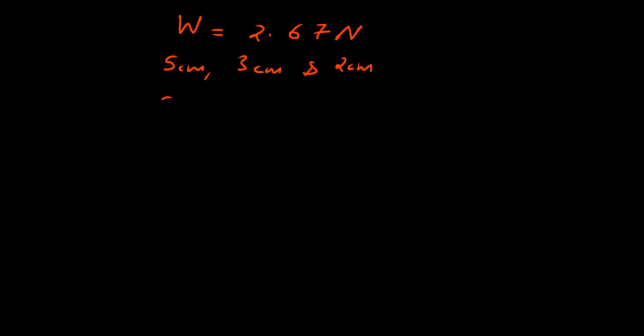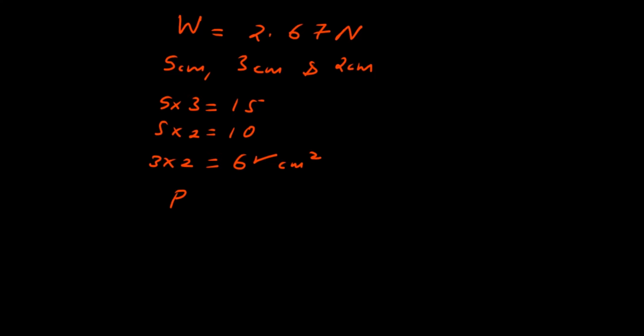So 5 and 3 will give us an area which is 15. 5 and 2 will give us an area which is 10. Then 3 and 2 will give us an area which is 6. So those are the areas of the three surfaces. You can clearly see that the minimum area is this one, of course, in square centimeters.